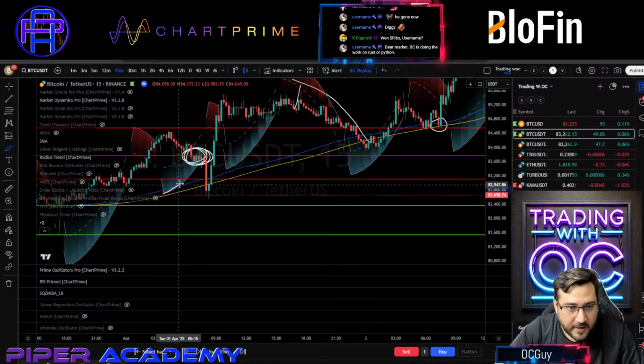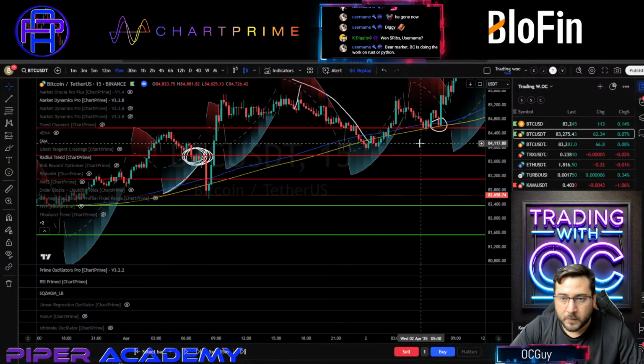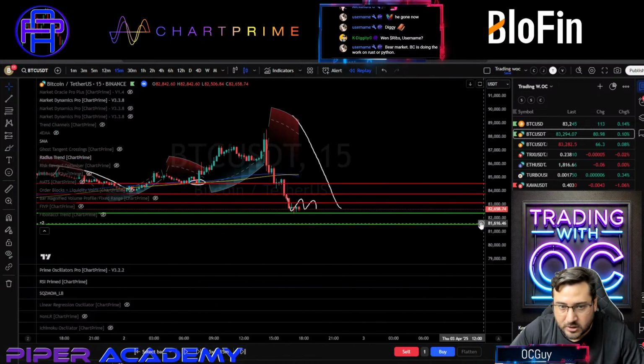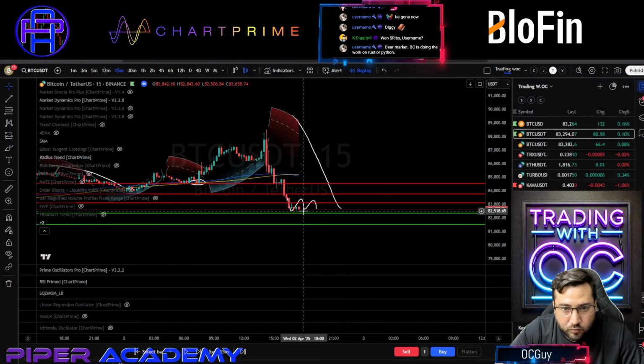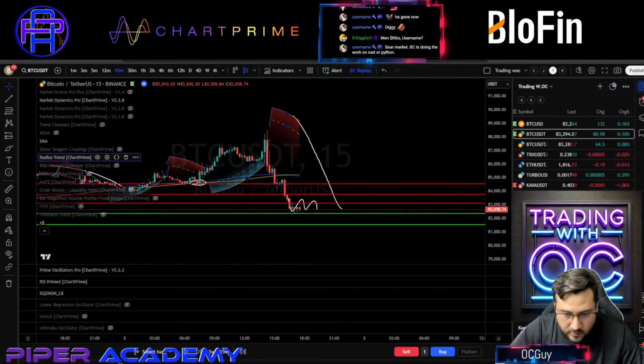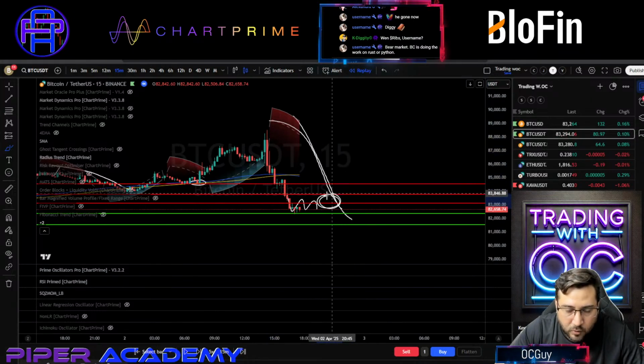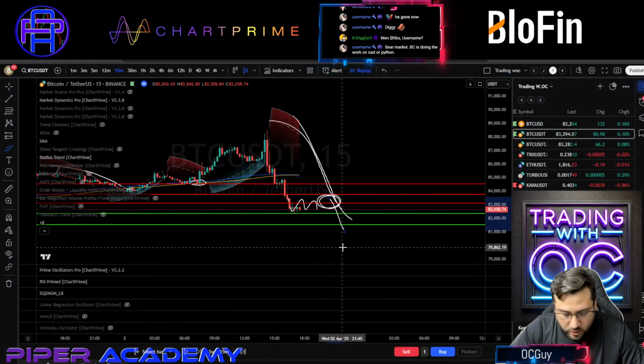That gives us enough time for the calculation to go near it, or to close the gap. So at this point, what we need to see is that ranging zone, and then when we start getting closer to our dashed line, that will be our entry for a continuation.